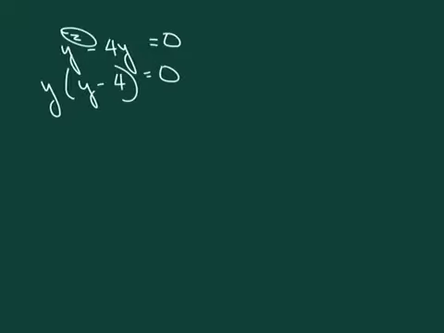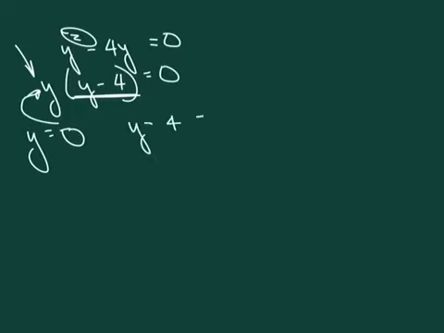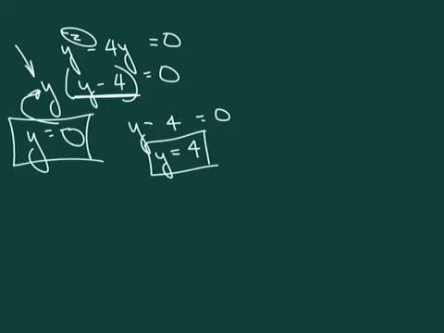And this tells me I have two answers. y equals, what number here can I multiply by this to give me 0? Well, if that y was 0, if this y right here was 0, then that would work. Or y minus 4 equals 0. So y equals 4. So those are your two options. y is 0 or y is 4.